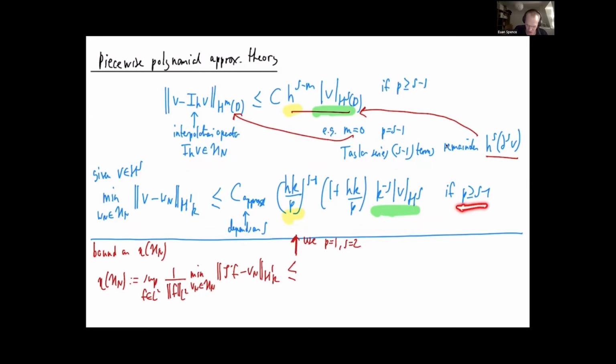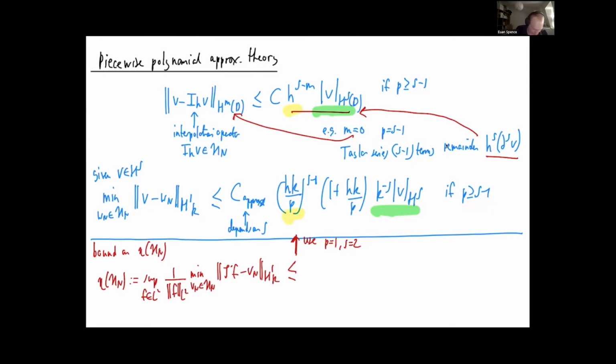So if I'm choosing p as 1, the highest regularity I can use is s equal to 2, and that's okay because the Helmholtz solution with L2 right hand side f is in H2, but no higher than H2. So I'm not leaving anything on the table here a priori.